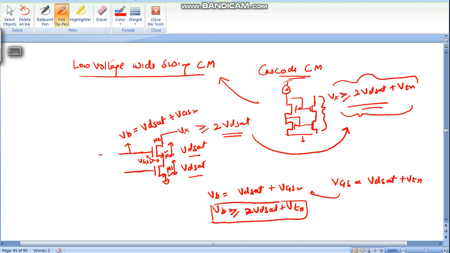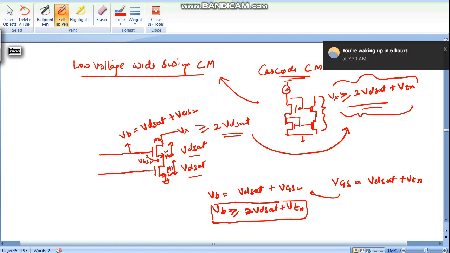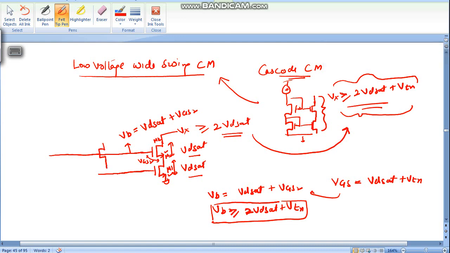Now how will we generate this VB voltage? So our current mirror is something like this.